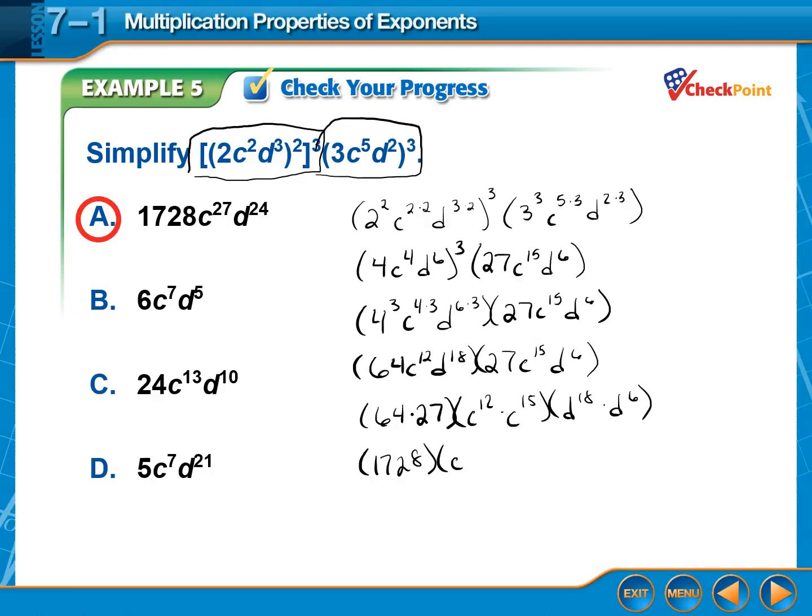And then for the c's, I'm going to add together 12 and 15. For the d's, we're going to add together 18 and 6. So my final answer is 1,728, c is to the 27th power, d is to the 24th power, which as you can see is answer A.